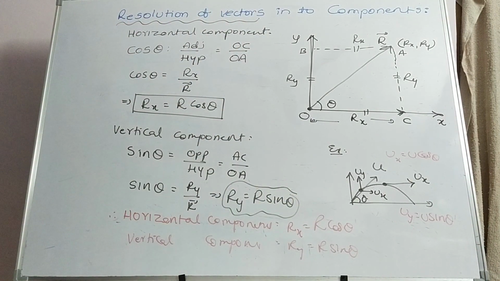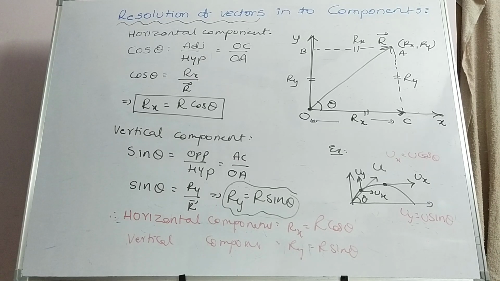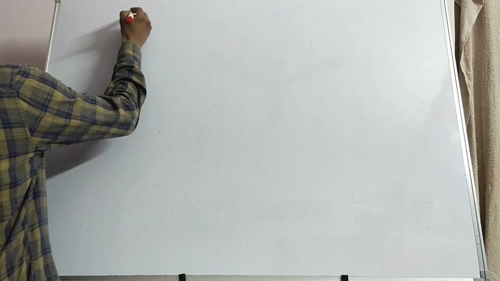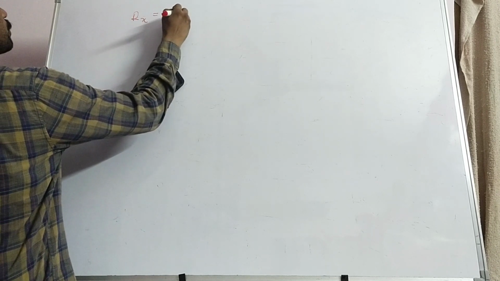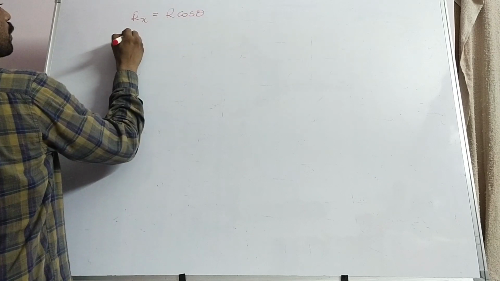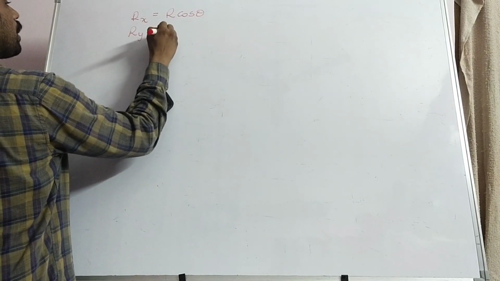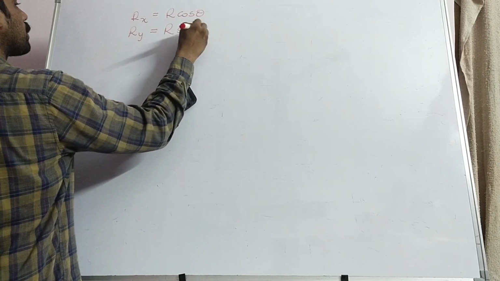The vertical component is always written in terms of sin theta, and the horizontal component is always written in terms of cos theta. So here we have the horizontal component rx equal to r cos theta, and the vertical component ry equal to r sin theta.